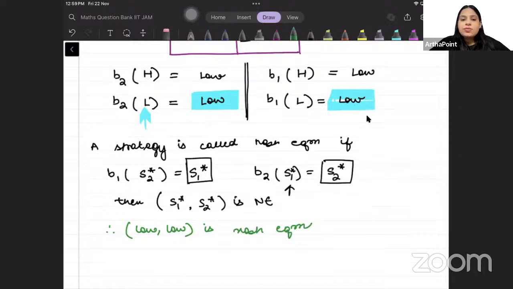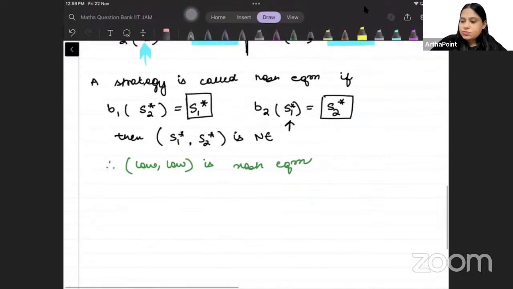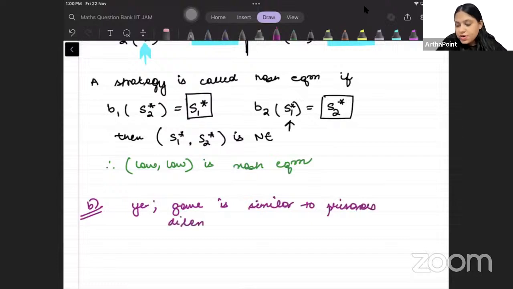Okay. Now, the second part to this question will be pretty simple because we already know it. Is it like prisoner's dilemma? Yes. Part number B. So yes, the game is similar to prisoner's dilemma. Why? What was the property of prisoner's dilemma?